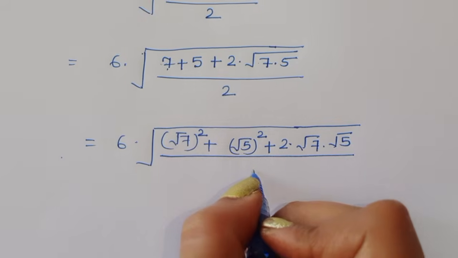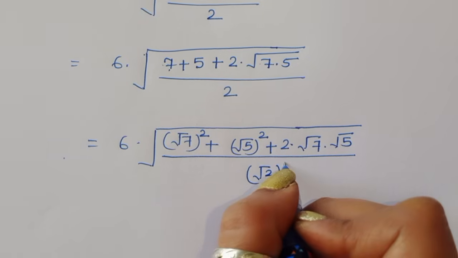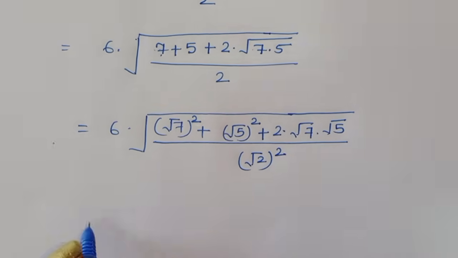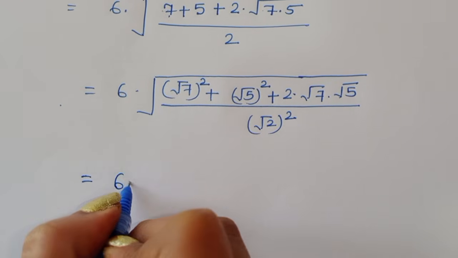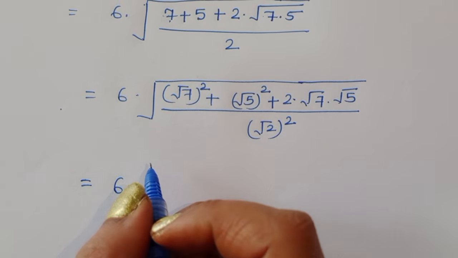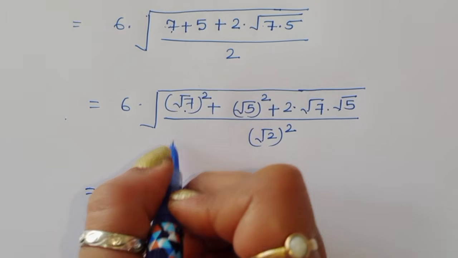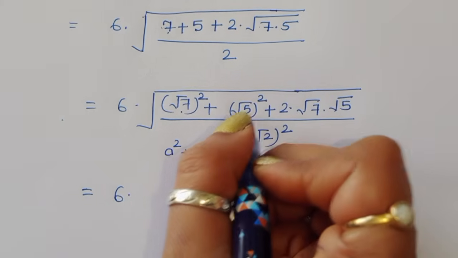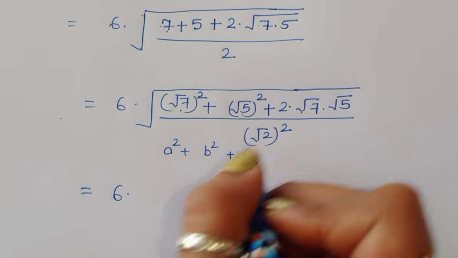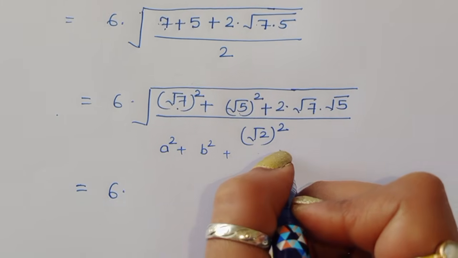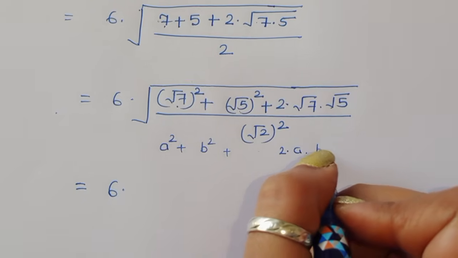The 2 we can also write as square root of 2 whole squared, that is 2. Now one more thing: this is a square, this is b square, plus 2ab.